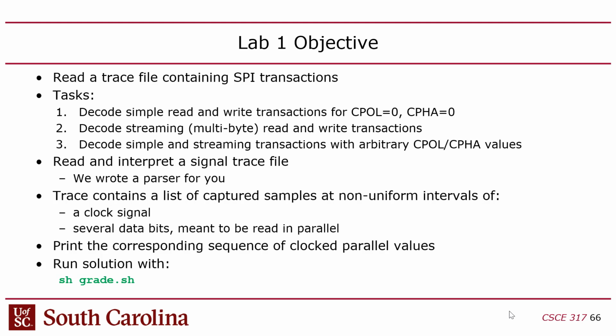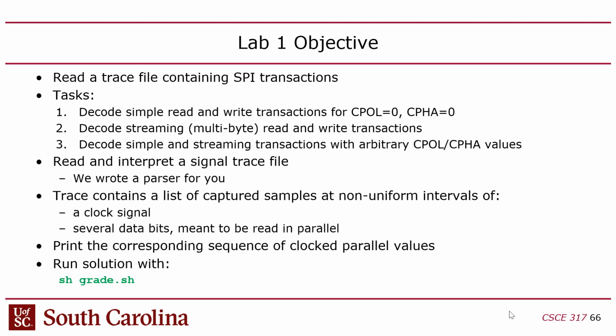Now, there's 3 parts to the lab, and they build on top of one another. So if you finish all 3 parts, then the code that you wrote for part 3 will work to fulfill the requirements of the previous 2 parts, right? So you don't have to write 3 separate programs. You're just writing one program with an increasing number of capabilities.